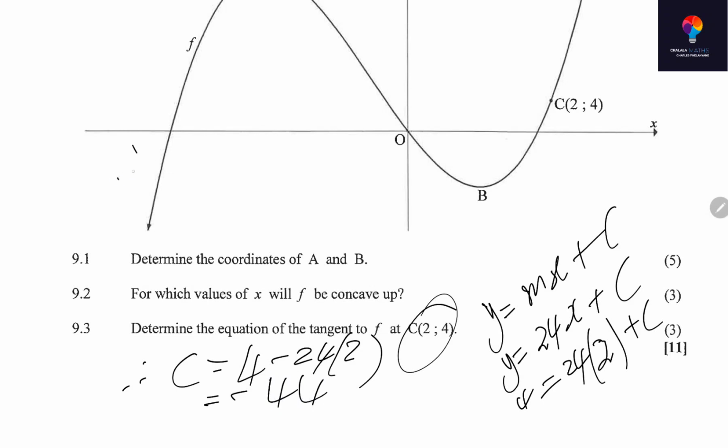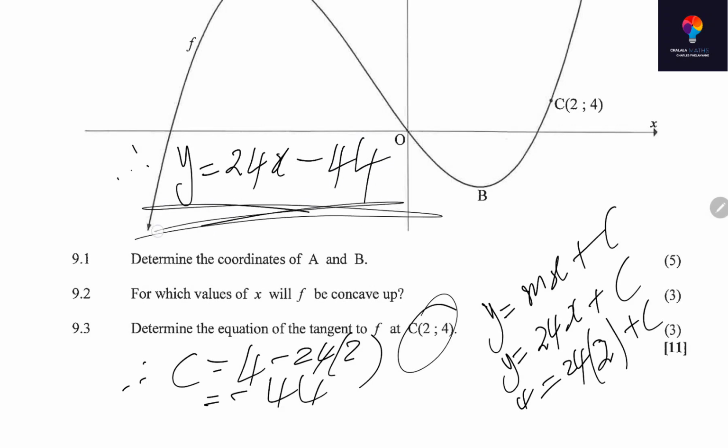Therefore, our equation is going to be y is equal to 24x minus 44. That would be our equation of the straight line.